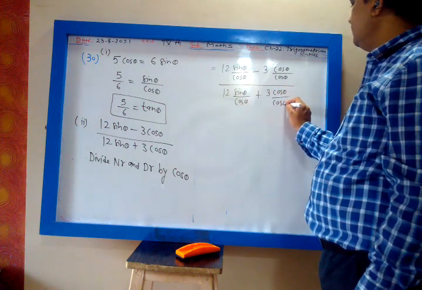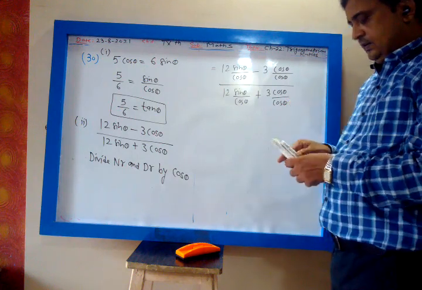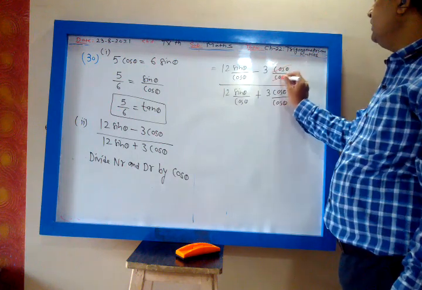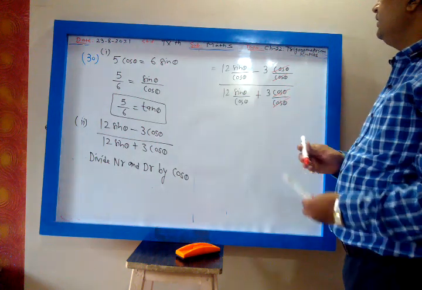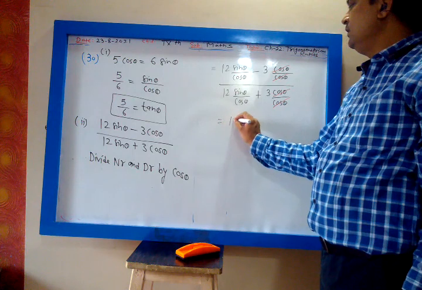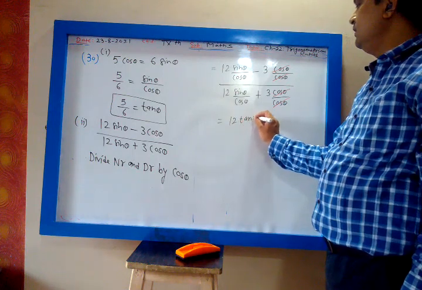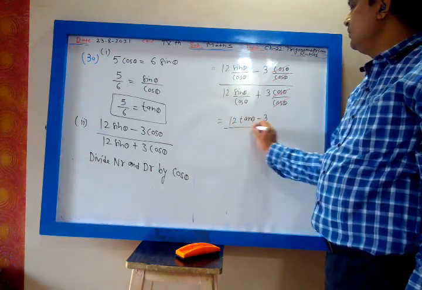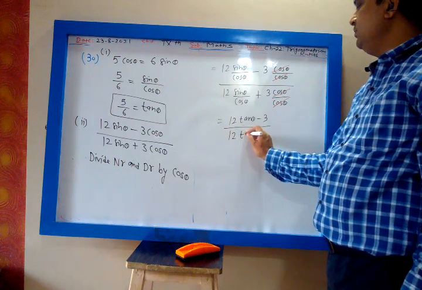Divide each term of numerator and denominator by cos theta. Now cos theta gets cancelled. So 12 sin upon cos is tan: 12 tan theta minus 3 upon 12 tan theta plus 3.